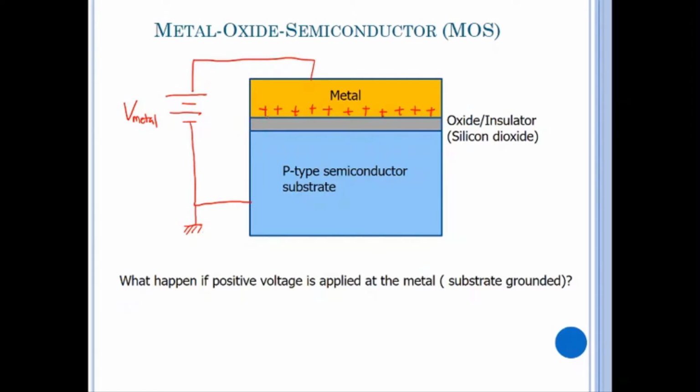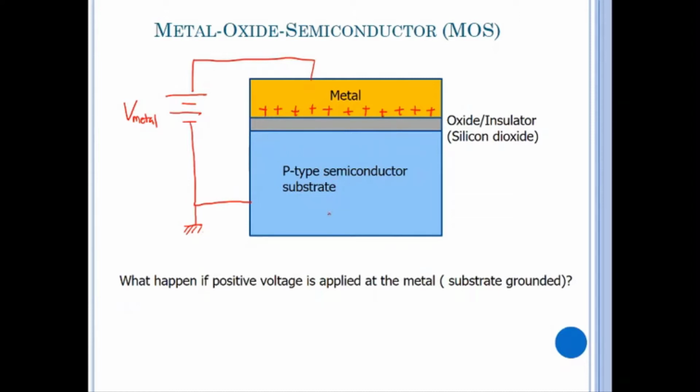So we have a positive potential at the metal, and due to the physics law, we can expect a negative charge at the semiconductor substrate to pair with the positive potential at the metal.